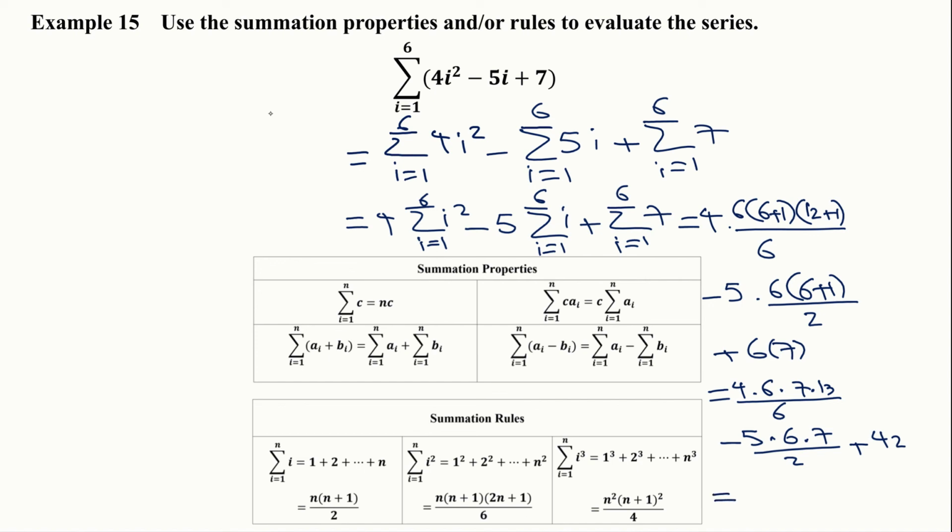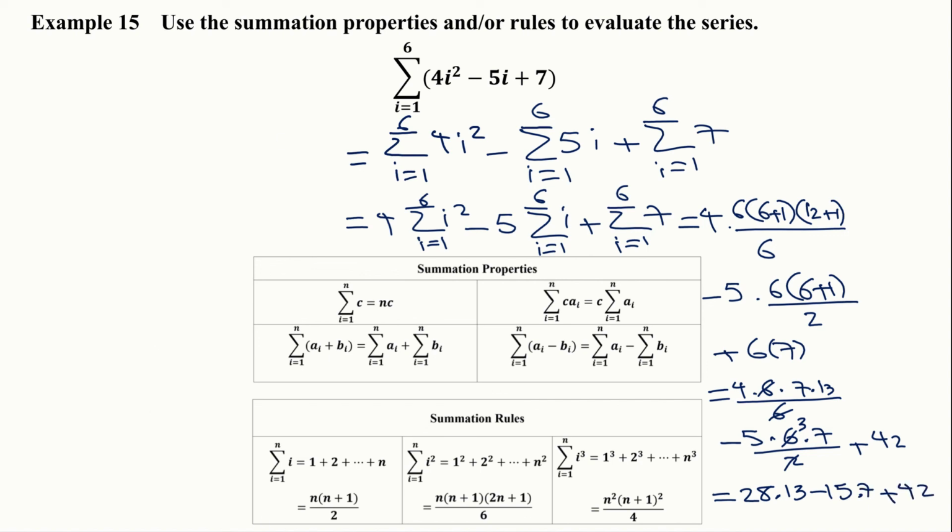So notice that we can cancel out the 6's here, and 2 and 6 leave us 3 here. So we have 28 times 13 minus 15 times 7 plus 42.